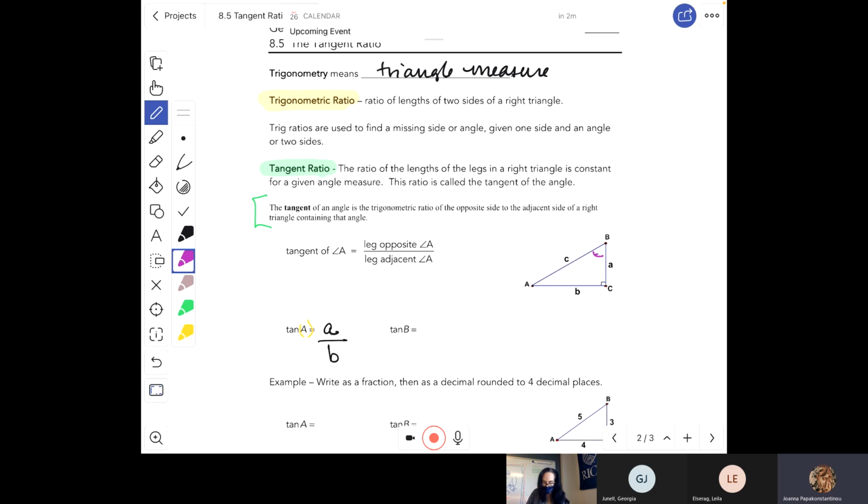It's obvious here. B over adjacent, which is A.